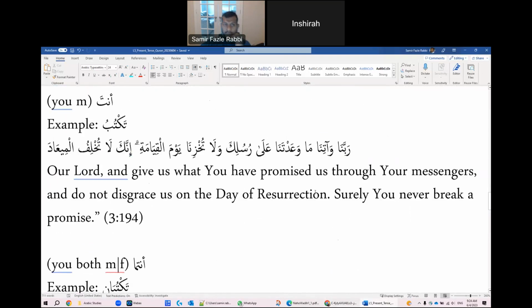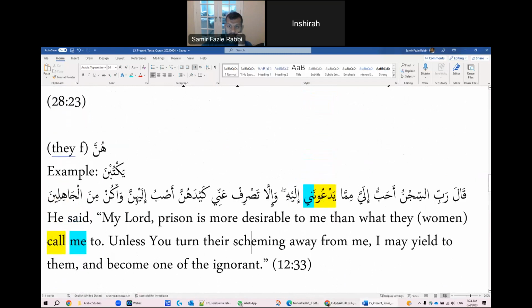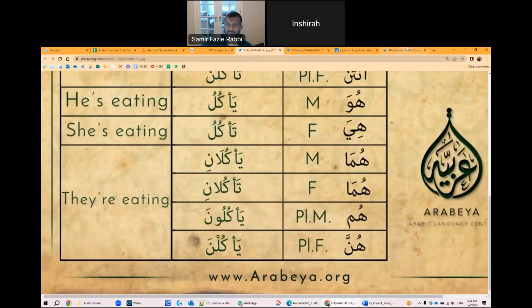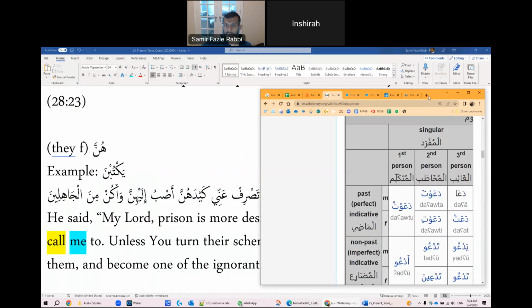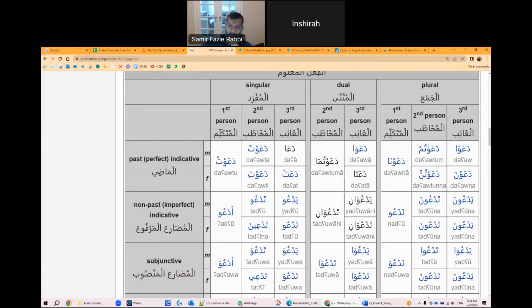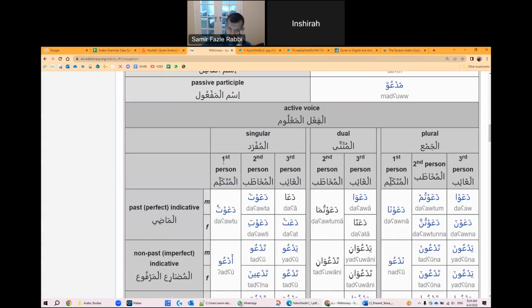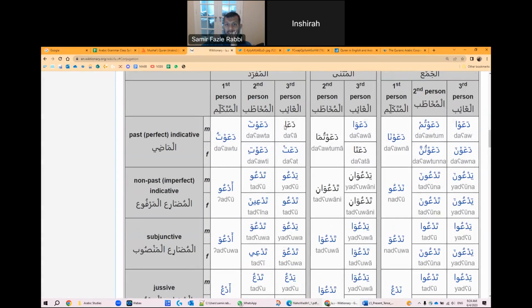All right. So because yad'u or da'a has a wow at the end? Yes, that's exactly why. Because da'a ends in an aleph in the past, and that's the past tense.